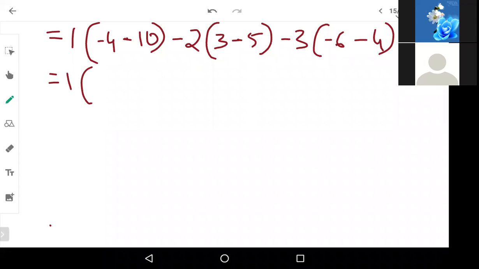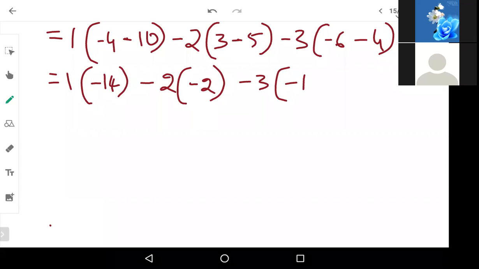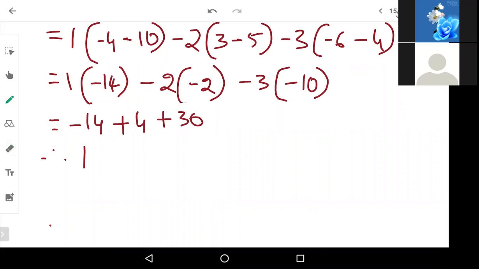So 1 into minus 14, 2 into minus 2, minus 3 into minus 10. So minus 14, minus 4, sorry, plus 4, plus 30. Therefore, determinant of X is equal to 20. Everybody got determinant of X is equal to 20?